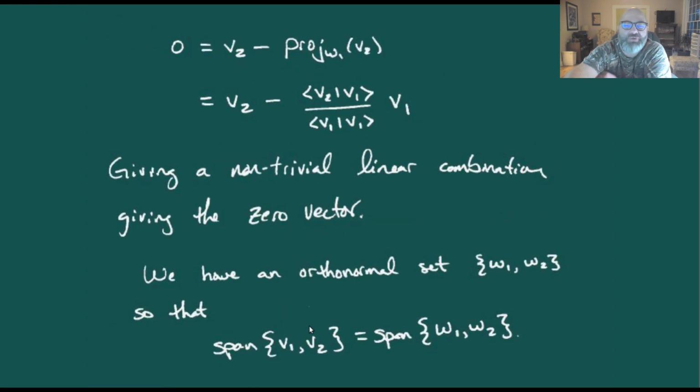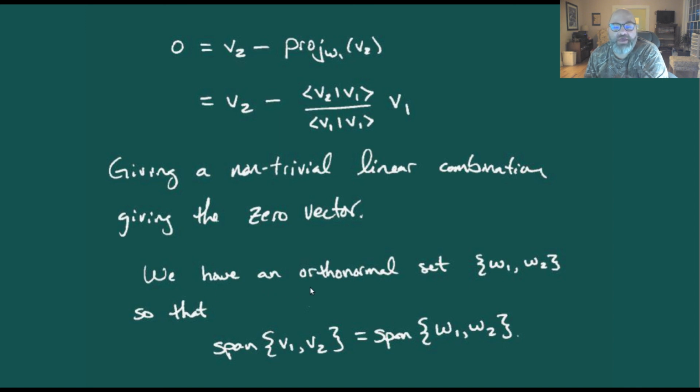How do we know that that's true? Well, if we replace all of our values in here going back to v1 and v2, this gives us a non-trivial linear combination. It's got to be non-trivial because that coefficient is 1. So a non-trivial linear combination giving the 0 vector, but since v1 and v2 are independent, that can't happen.